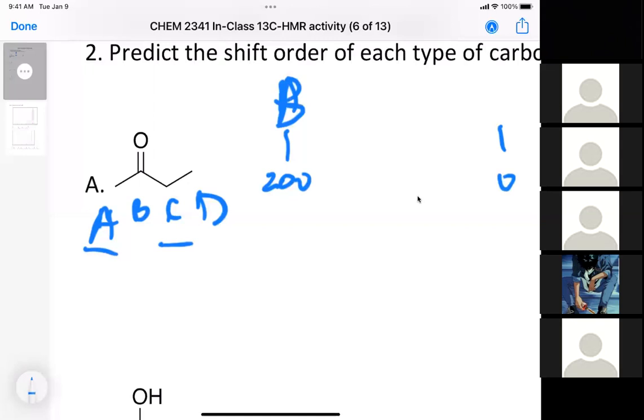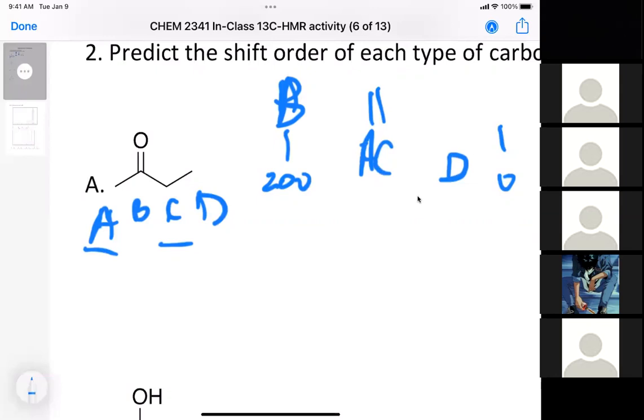Probably A, because the other one has a carbon on the other side to help donate, but they're going to be right together. So A and C are going to be right here, 2 more signals. And then where's D going to be? Right, it's almost like a hydrocarbon at that point, so it's going to be below 20, maybe 15, and be D here.